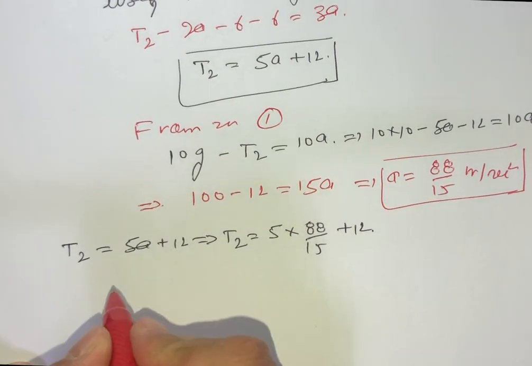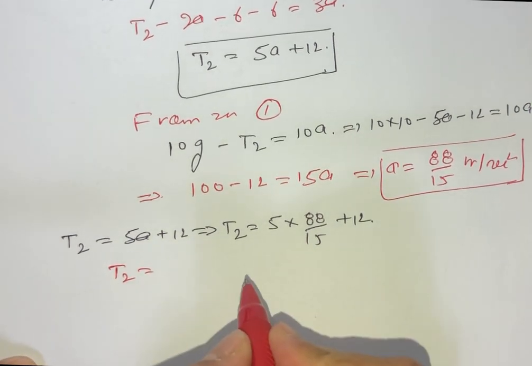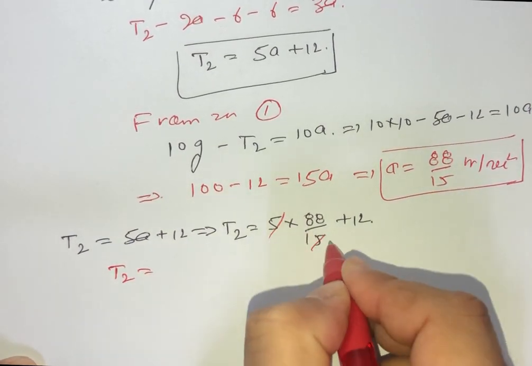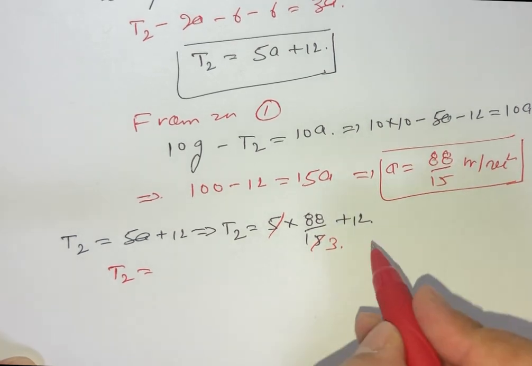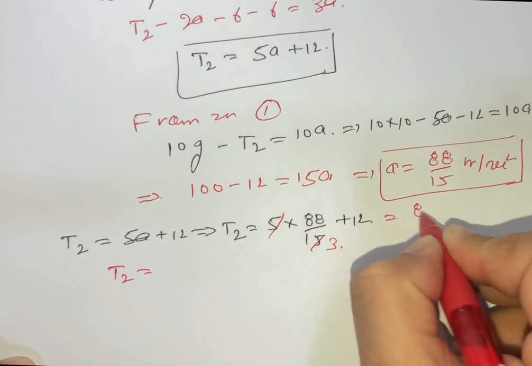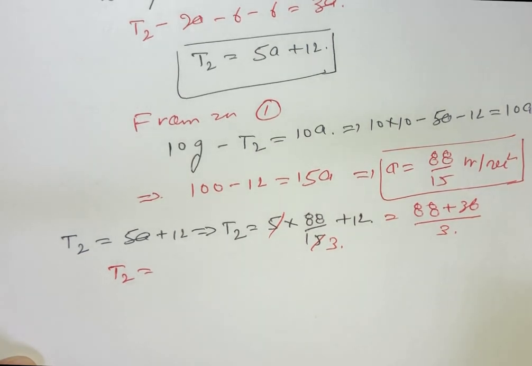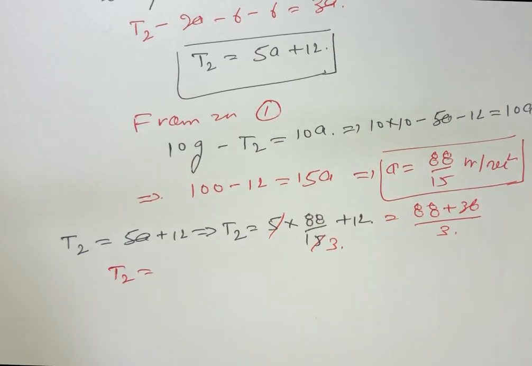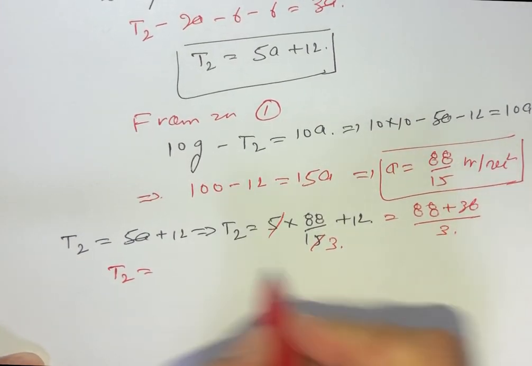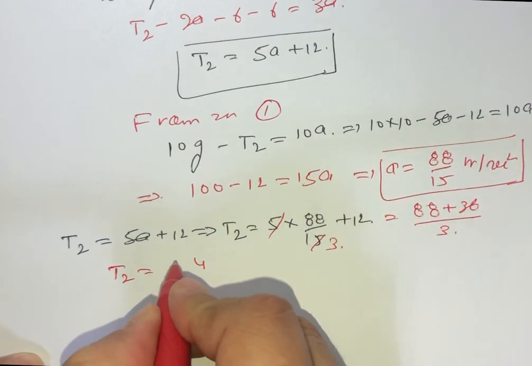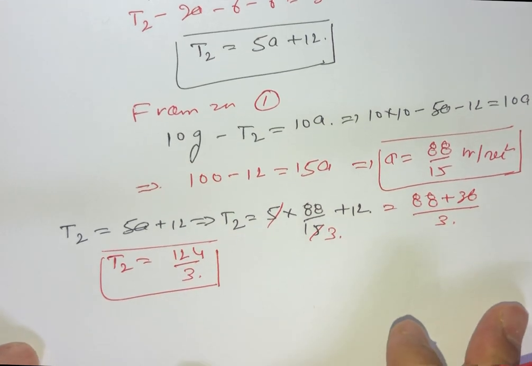So T2 will be coming as 94 divided by 3, so this will be equal to 88 plus 36 divided by 3. So T2 will be 124 divided by 3.